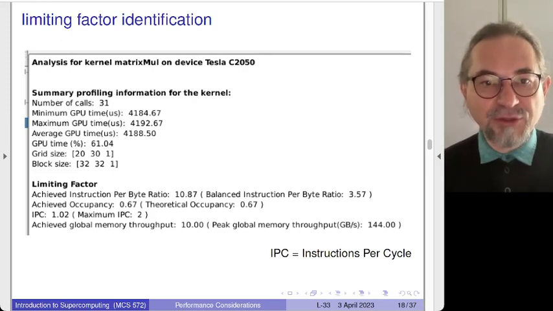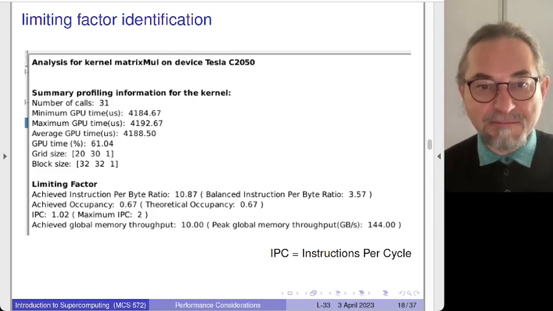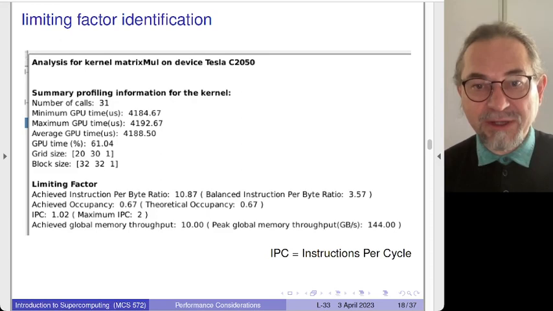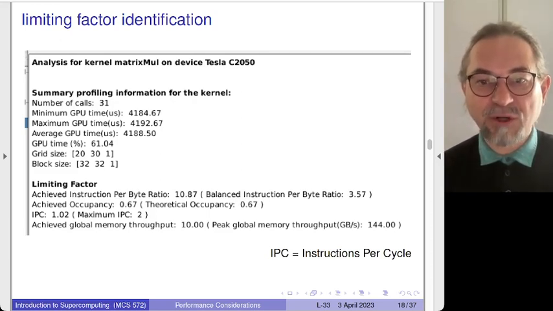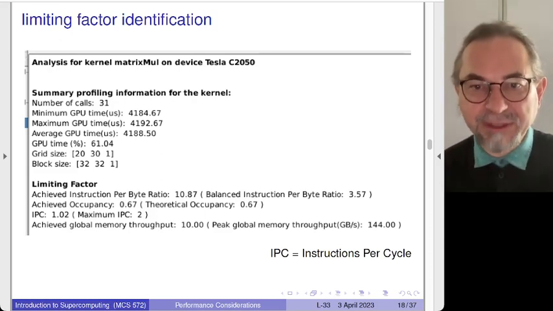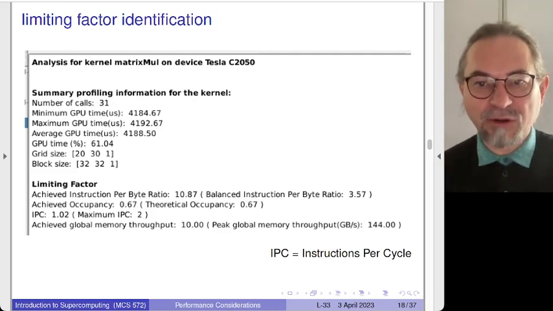You can see what also is the memory bandwidth. We have a throughput of 10. And actually the peak memory bandwidth, here still expressed in gigabytes per second, is 144. So you see that compared to the CPU, we're doing quite well, but compared to the peak global memory bandwidth of the GPU, we actually are doing not so well.